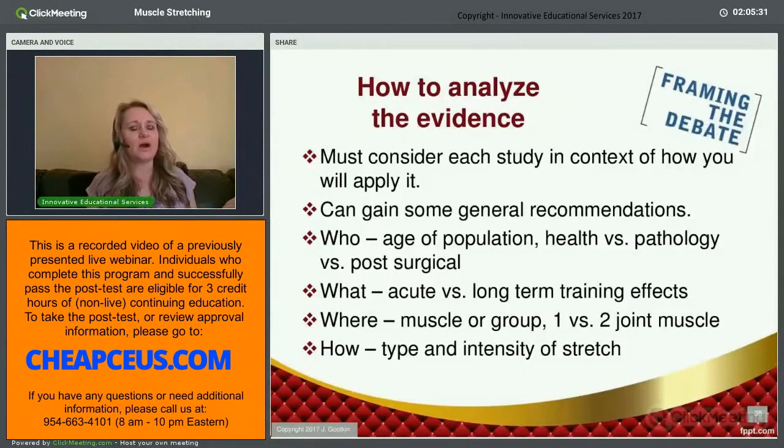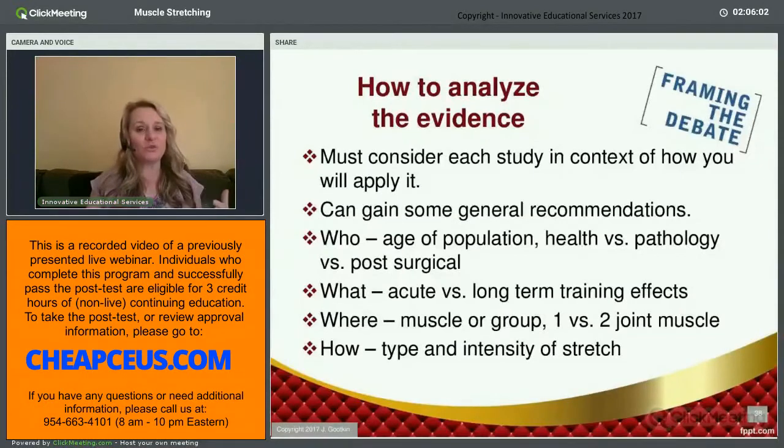There's a significant amount on injured populations, but it doesn't cover every pathology and every joint. A lot of the research is on the hamstrings and the gastroc, maybe because of ease of performing those interventions and stretching to them. So with a lot of it, we're translating what has worked in one body region or with one population into other populations. We have to consider this as we're applying our techniques.